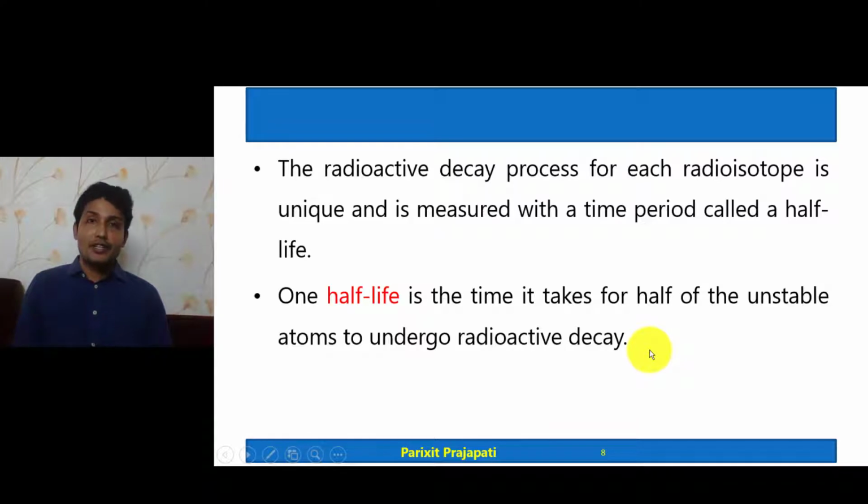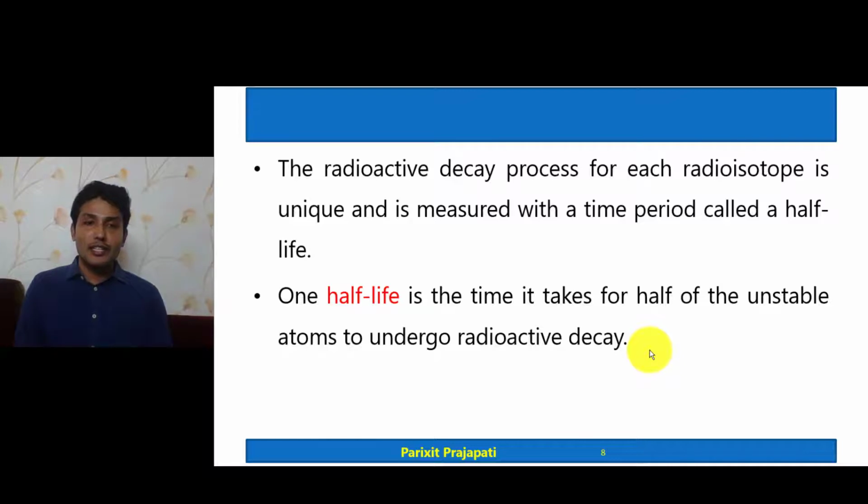In other words, whatever total amount of unstable nuclei is present, the time required to make it half. That means half of those atoms decay, or show radioactivity. So the concentration will become half.